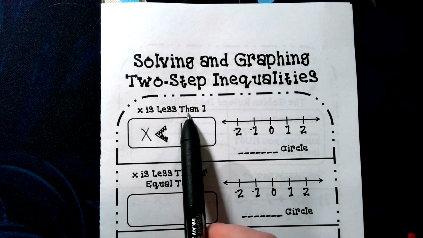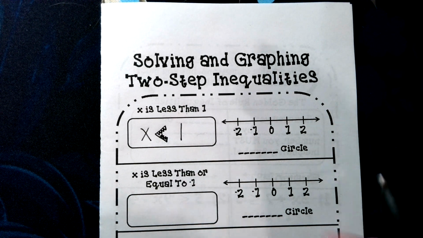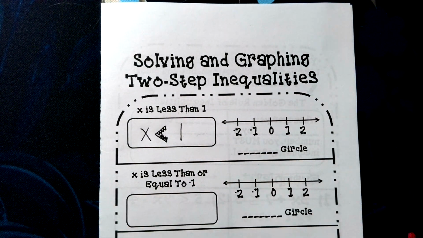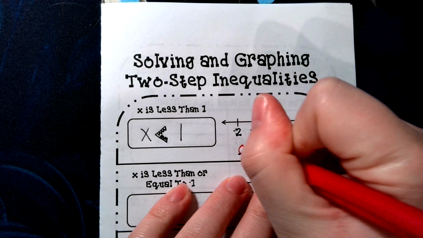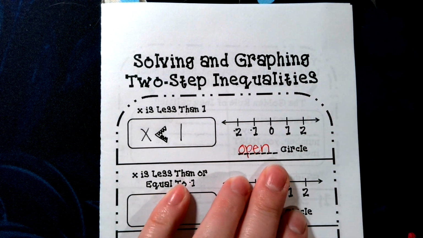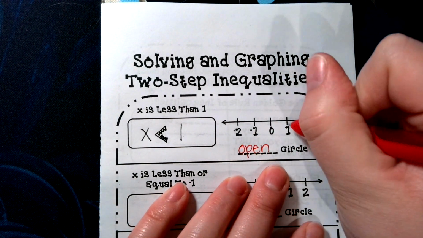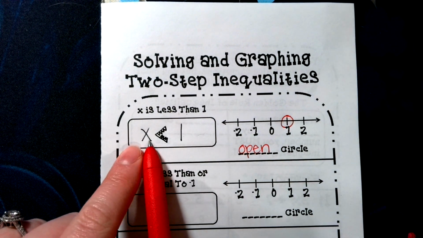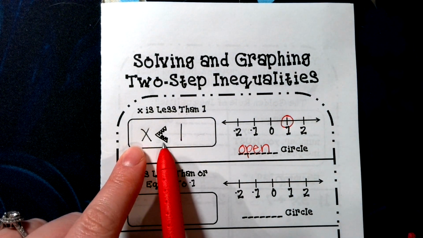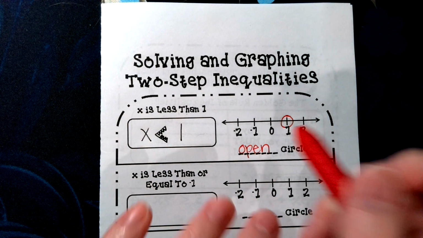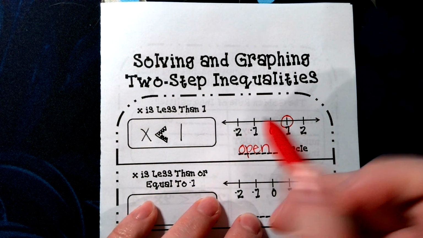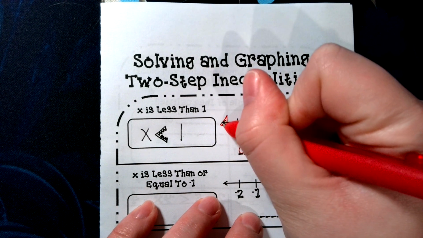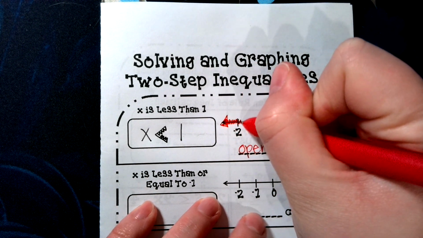If we have a sign that is less than, that means we need an open circle on 1. An open circle means I have a circle and I do not color it in. I leave it open. And if x is less than 1, that means it's smaller than 1, so I need to shade this direction.